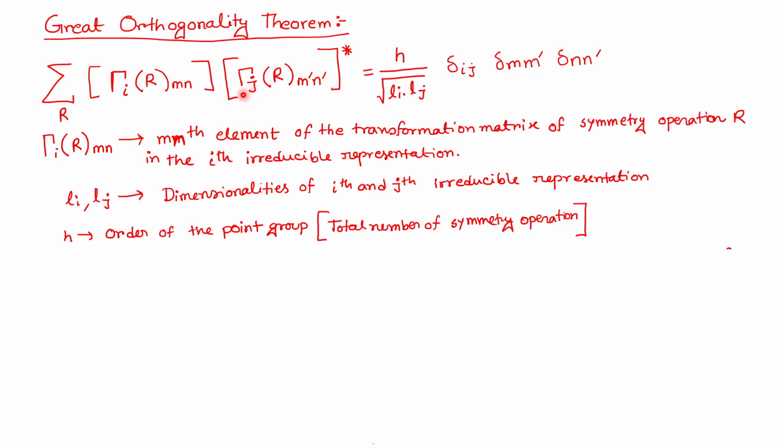Similarly, gamma j is the jth irreducible representation, and h is the order of the group, the point group you are dealing with. For C2v it is 4, for C3v it is 6.